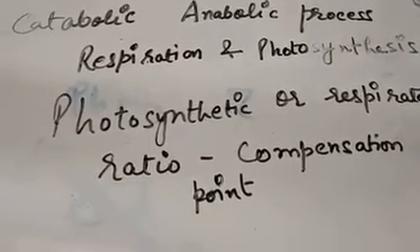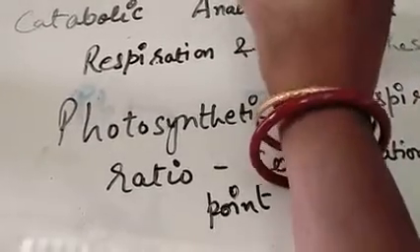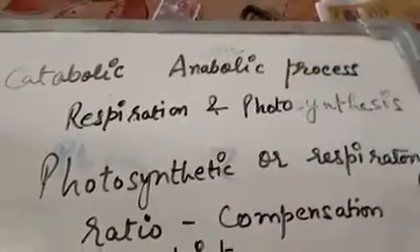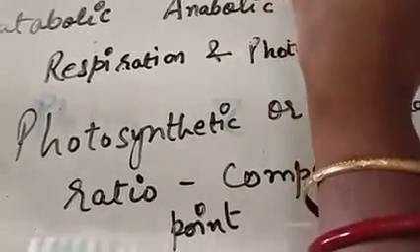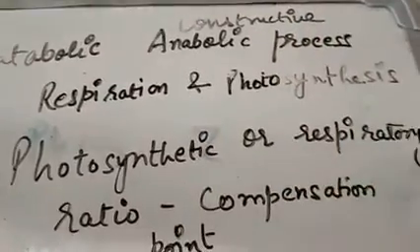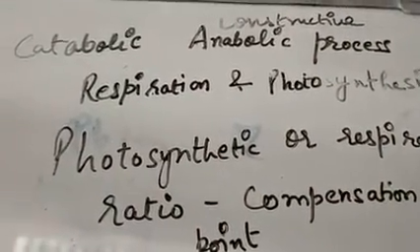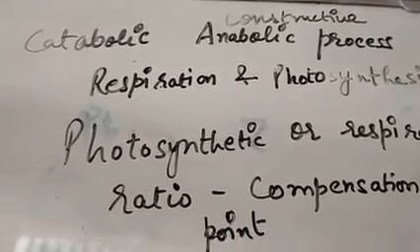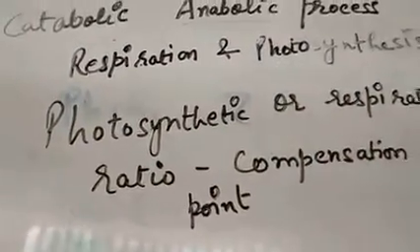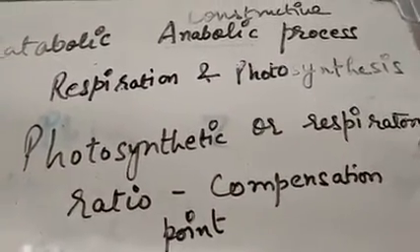Anabolic means it's a constructive process, that is making of a complex thing from a simple thing, like photosynthesis, where we use carbon dioxide and water to make glucose. Anabolic process is a constructive process, that is making of a complex substance.